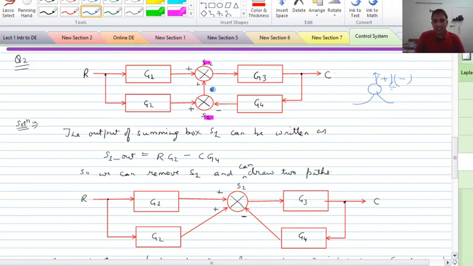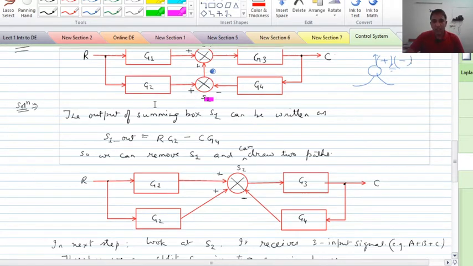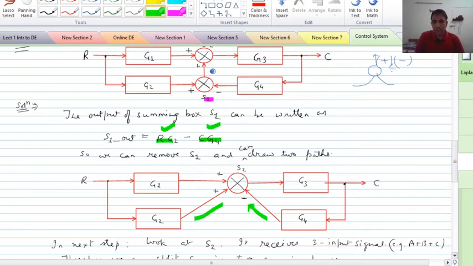we remove this summing box, and the output S out 1, which is written as R2 multiplied by G2 and C multiplied by G4, is divided into two parts like this one and this one.